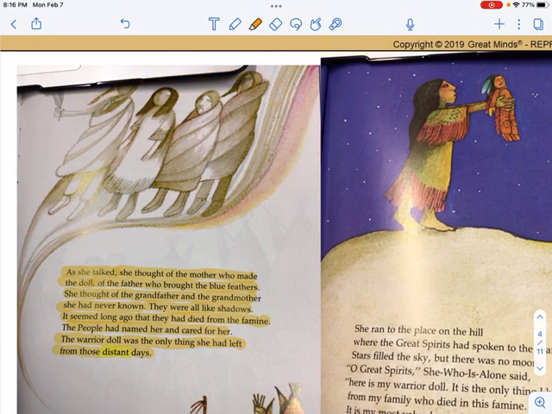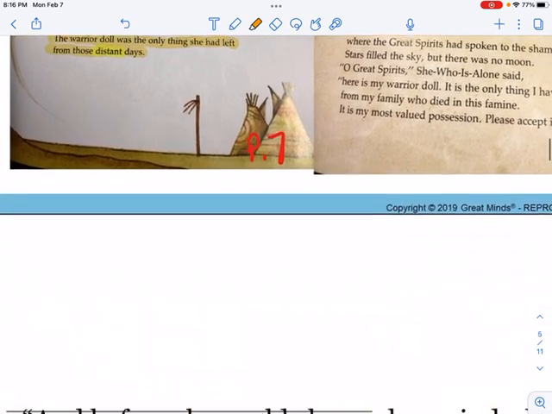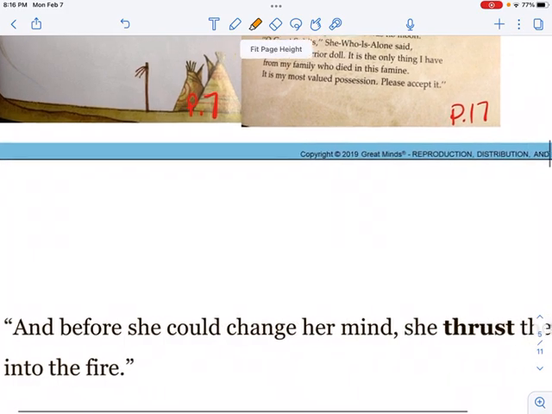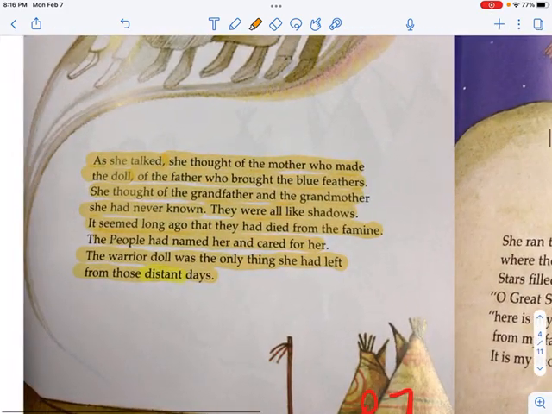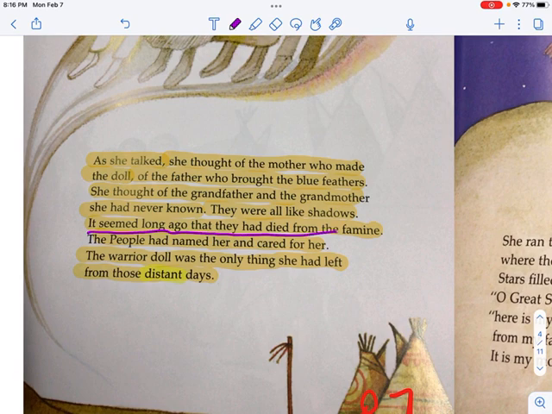Now ask yourself, did the words around the word distant help us? What does distant mean? I'll read this part again. It seemed long ago that they had died from the famine. The people had named her and cared for her.